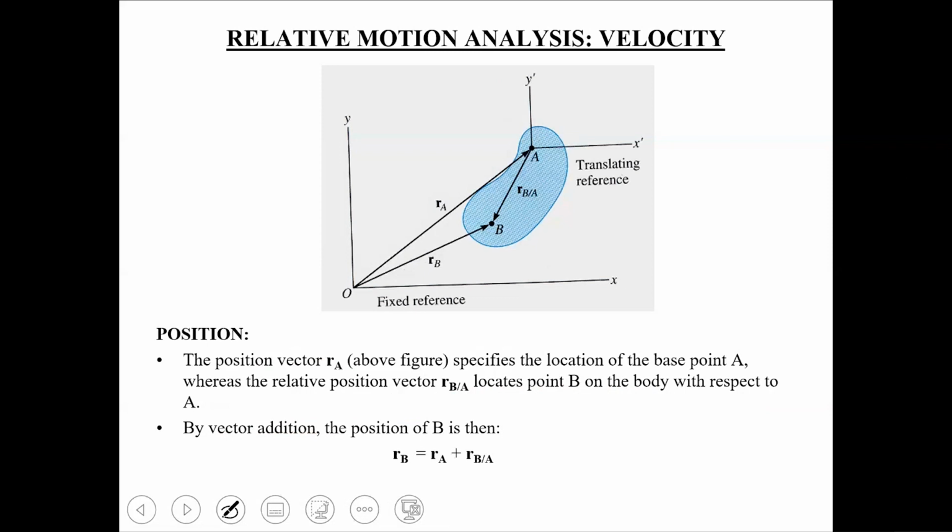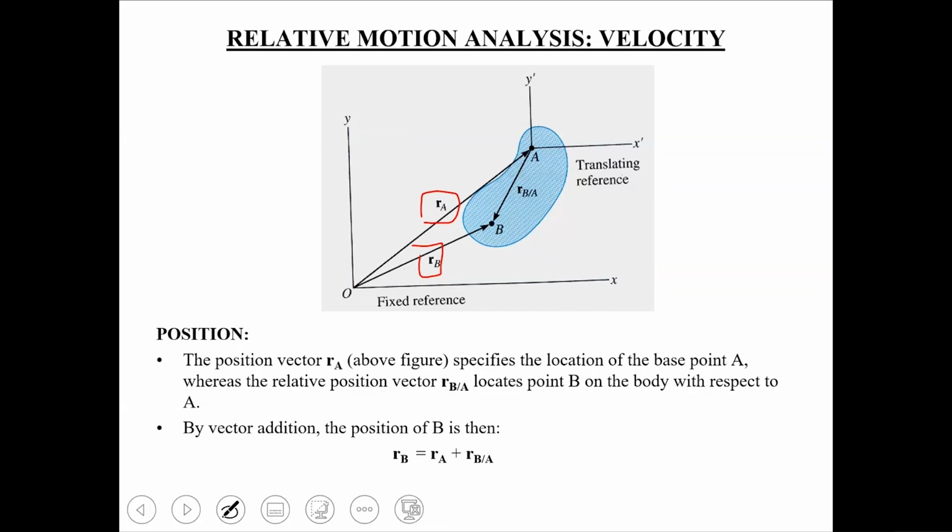Okay, now as far as the position is concerned, as in the earlier discussion, we are going to define two position vectors r_A and r_B, which define the position of point A and point B. These are two different points on the rigid body. So r_A and r_B, since they are being referenced from a fixed origin, are basically known as the absolute position vectors.